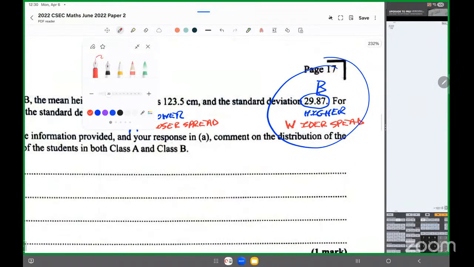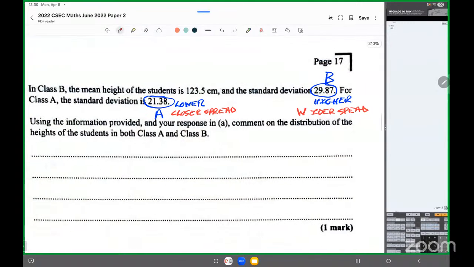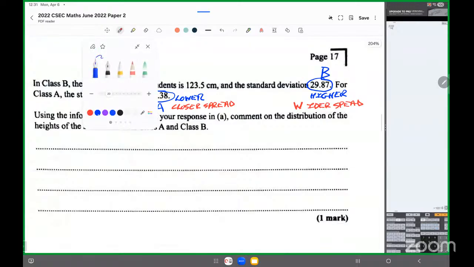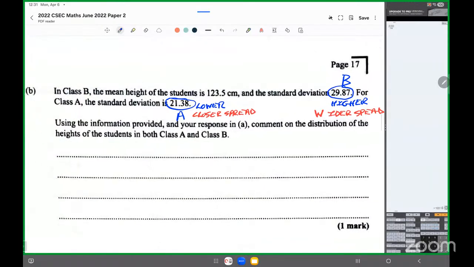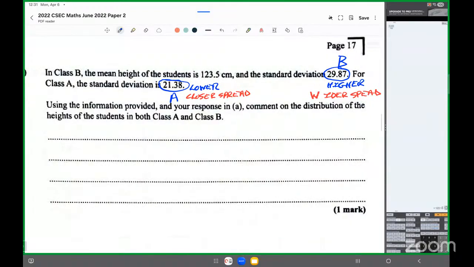But you would write something looking like this now. I'm going to underline the key phrase that you must put in there, that it is a spread from the mean. From the mean.